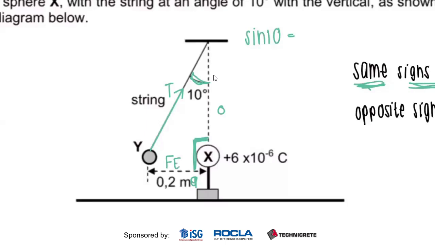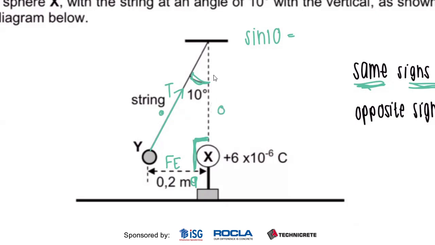We'll also just put that in our picture. Sine is opposite over adjacent.